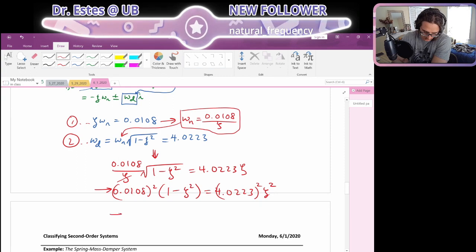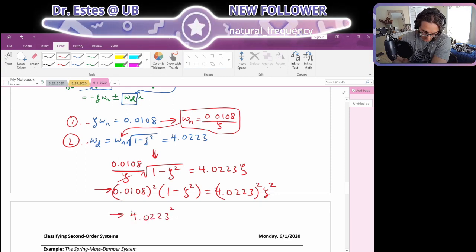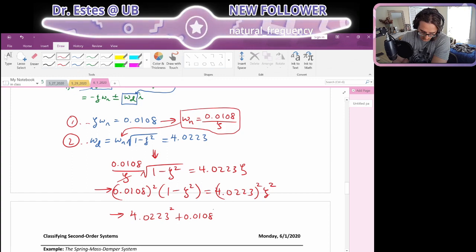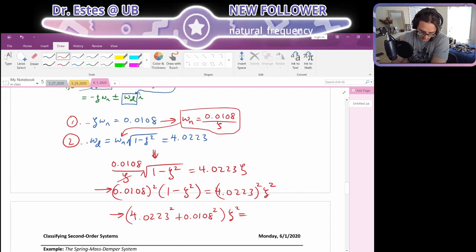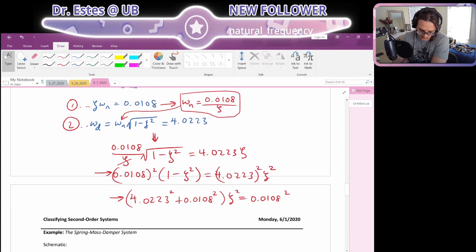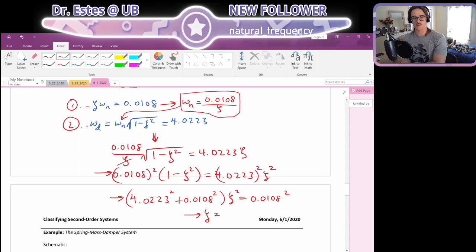Okay. Then I have 4.0223 squared plus 0.0108 squared, zeta squared equals 0.0108 squared, right? So now zeta's the square root of all of that stuff.